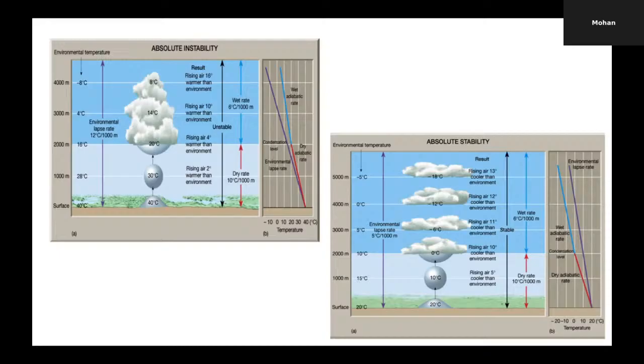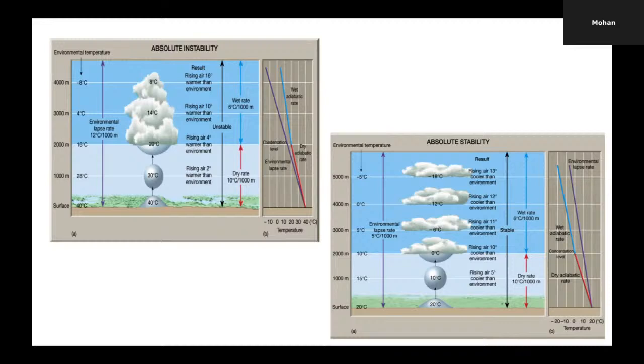Even in that case, if you have some kind of lifting, you don't need any thermodynamics. If you have lifting, you will still get clouds, but they are not deep convective. In other words, you get shallow cumulus or layer clouds in the boundary layer. These are all because of the phase change of the parcel, but not because of thermodynamic forcing.